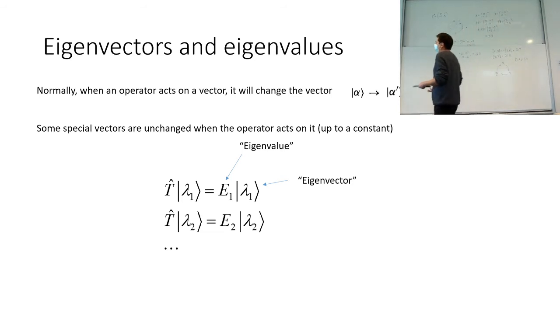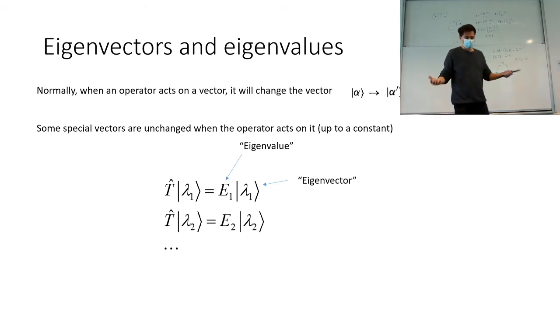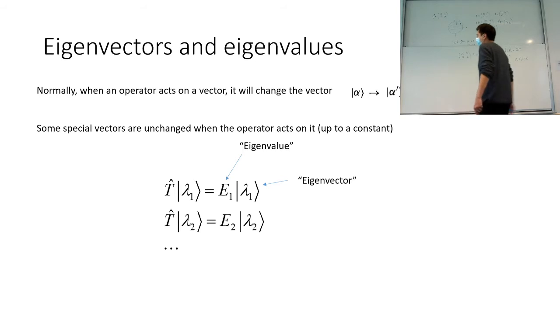These are called eigenvectors. The special thing here is that this vector, we're calling lambda 1, is actually the same vector over here up to some constant. So it's proportional to the same vector. This proportionality constant is called the eigenvalue, and these special vectors are called eigenvectors.